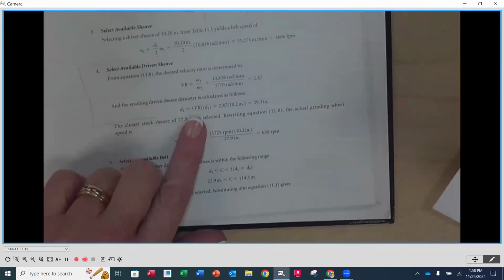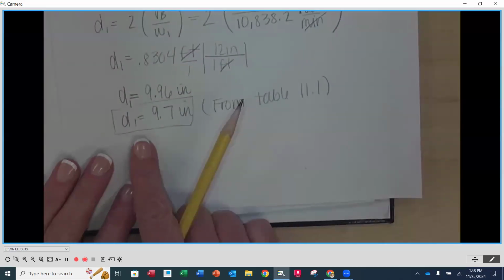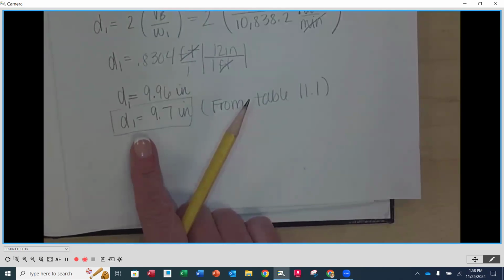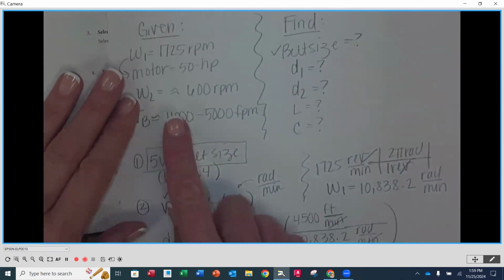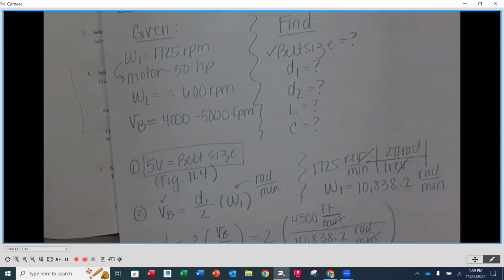I'm trying to figure out because they did it a little bit differently than we did. We want to determine what is our D2 now. Our D2 that we want to get. So we know that our rotational speed needs to be approximately 600 RPMs, right? 600 RPMs.